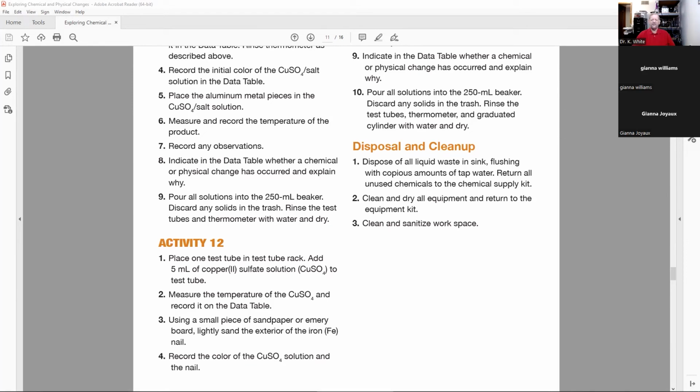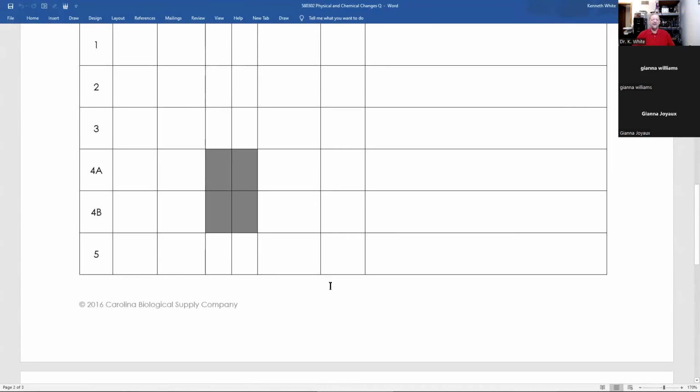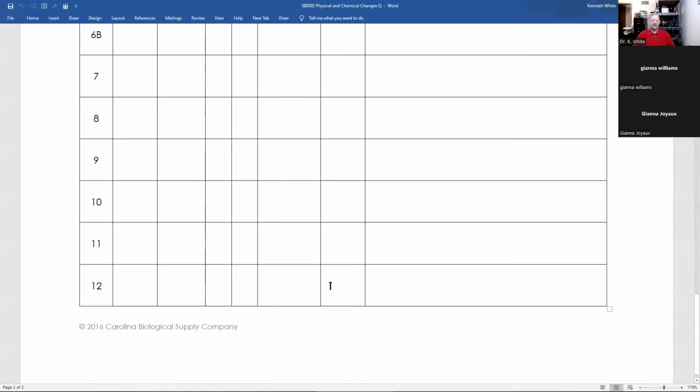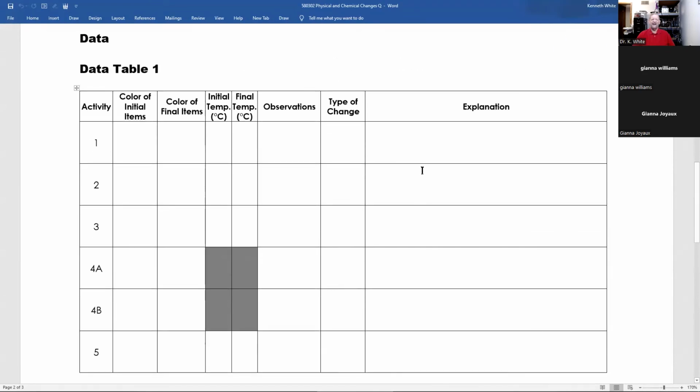Everybody see Physical and Chemical Changes student name on your screen right now? If you notice, they have you copy over that table, and give an explanation of why you think it's that type of change.